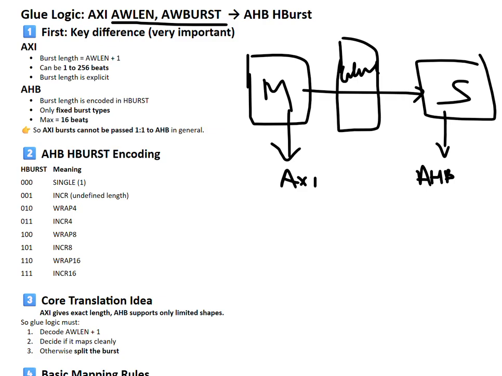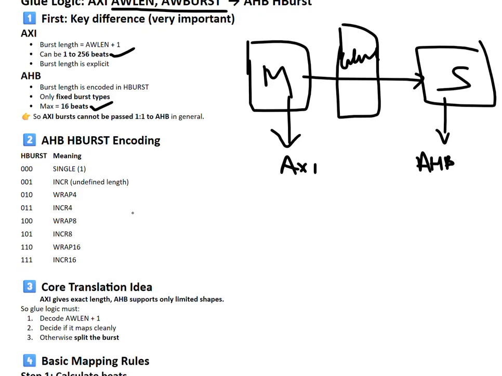And maximum it can go only up to 16 beats compared to 256 beats. So we cannot go beyond 16 beats. In that case, the transaction needs to be split into multiple transactions in case the length actually exceeds 16 beats. So an AXI burst cannot be passed one to one to AHB in general.